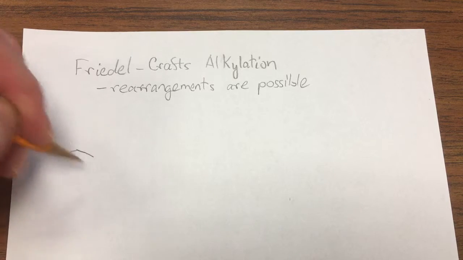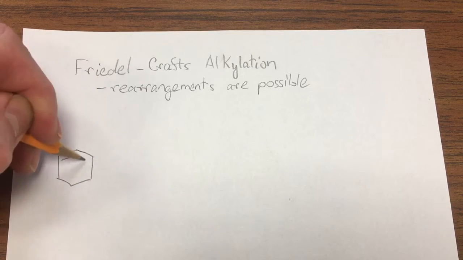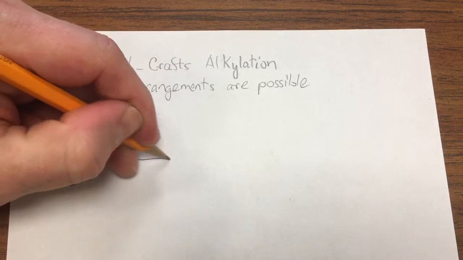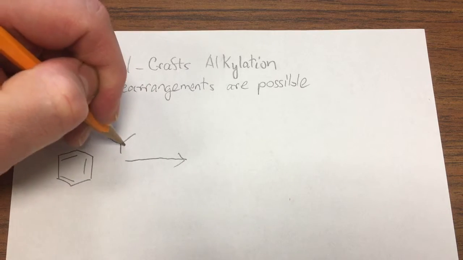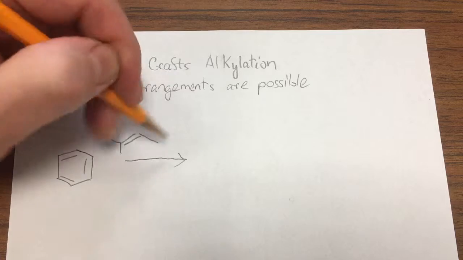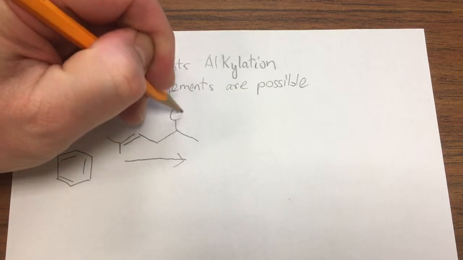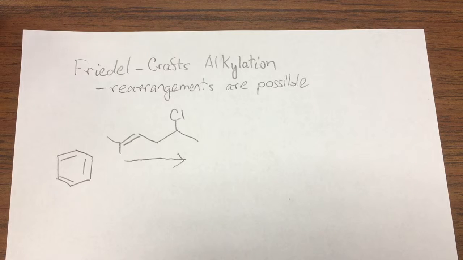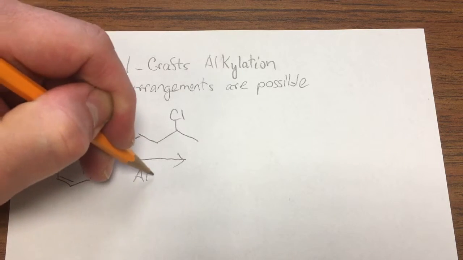So here's an example of a reaction that would undergo a rearrangement. And kind of a tricky one here. Say we had an alkyl chloride here that looked like this, and we were using our catalyst.